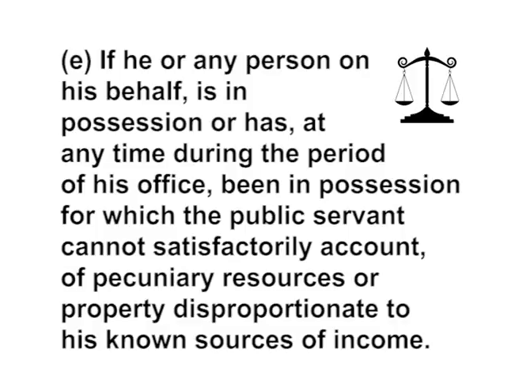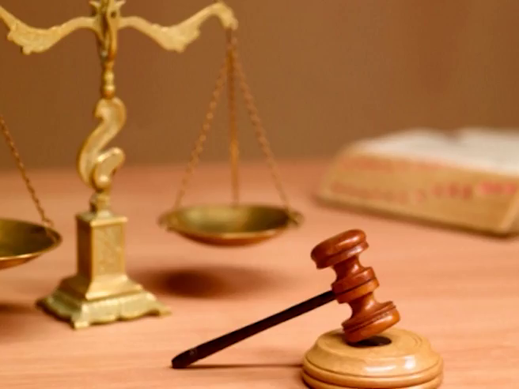(e) if he or any person on his behalf is in possession or has at any time during the period of his office been in possession, for which the public servant cannot satisfactorily account, of pecuniary resources or property disproportionate to his known sources of income. Explanation: For the purpose of this section, known sources of income means income received from any lawful source, and such receipt has been intimated in accordance with the provisions of any law, rules or orders for the time being applicable to a public servant.